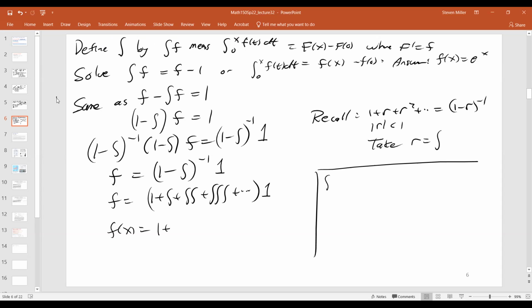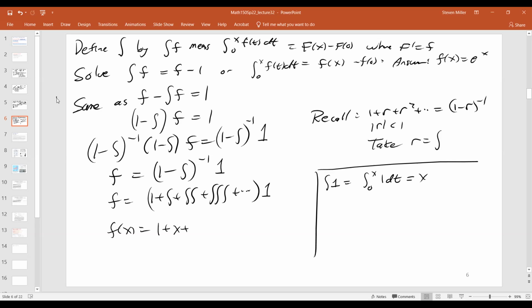Now I have the integral acting on 1. That means the integral from 0 to x of 1 dt. What does that integral equal? It's just x.